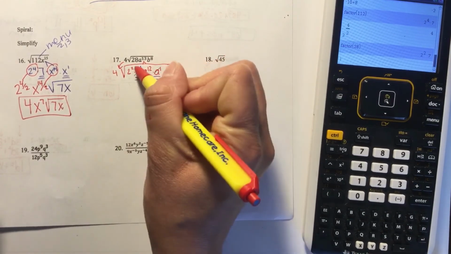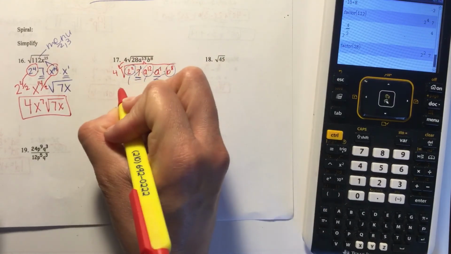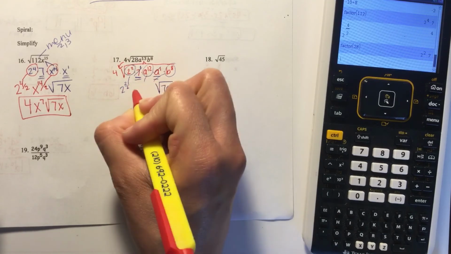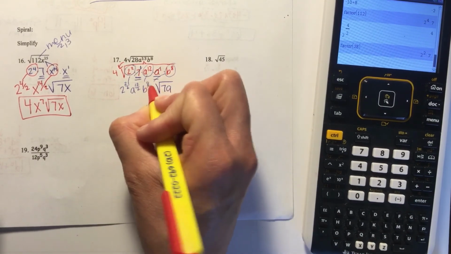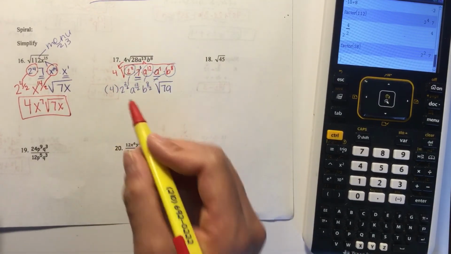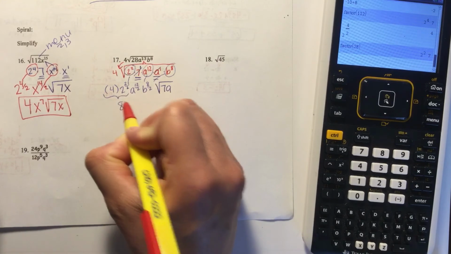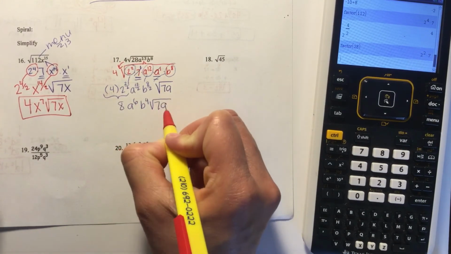So everything else comes out of the radical, and divide the exponent by 2. So 2 to the 7th divided by 2, a to the 12th divided by 2, b to the 8th divided by 2, and you still multiply it with 4. So this is going to combine to 8a to the 6th b to the 4th, radical 7a.